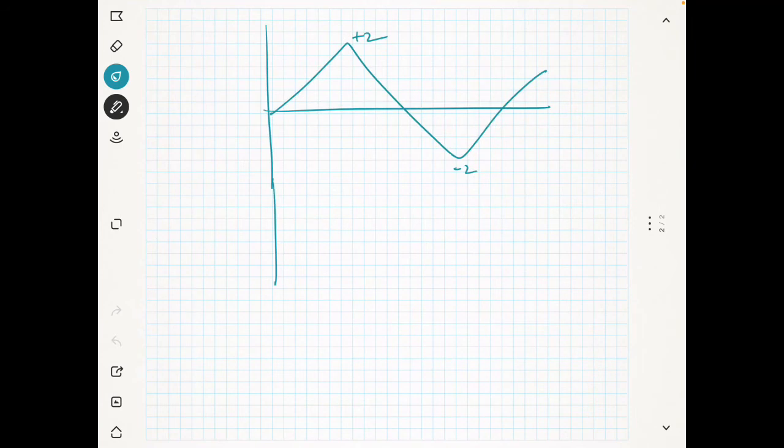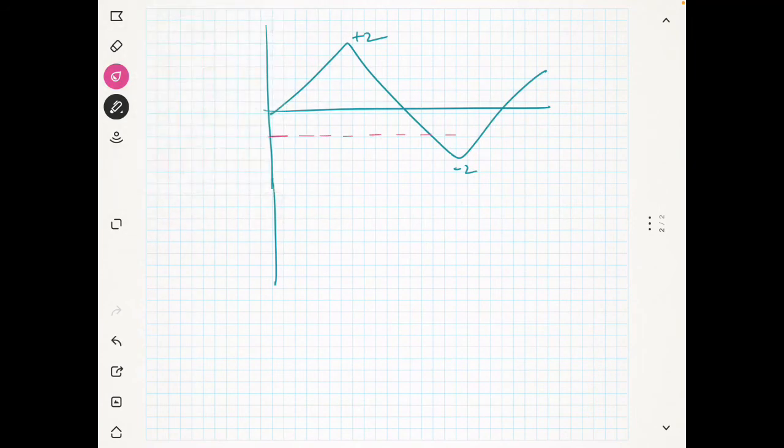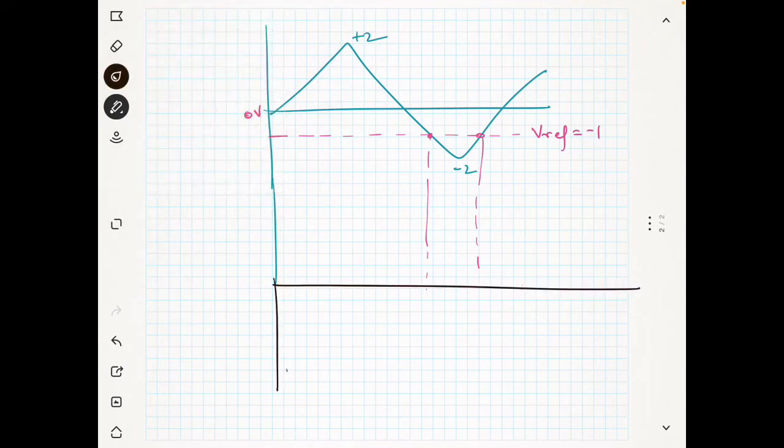So we will draw here V reference minus 1, and this is 0 volt. Now this is intersecting at these 2 points, and I can draw the line.